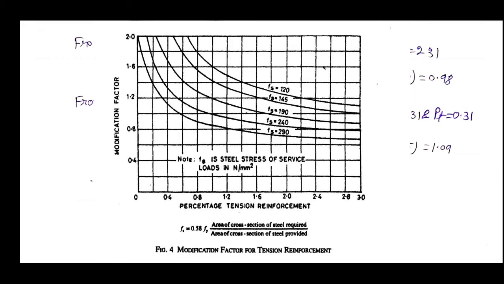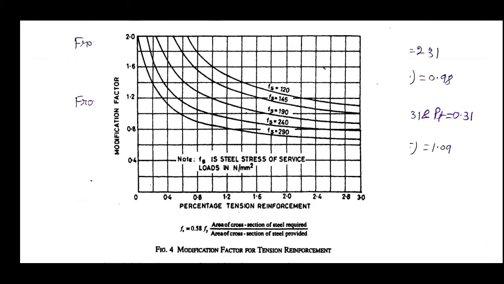For percentage of steel 1.25 and Fs 231, Fs 231 is not given in this chart, but Fs 190 and Fs 240 are given. So Fs 231 lies between 190 and 240. And 1.25 is greater than 1.2 on the x-axis.